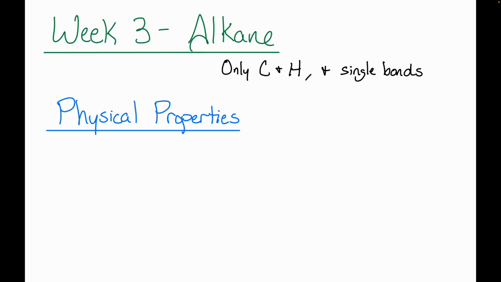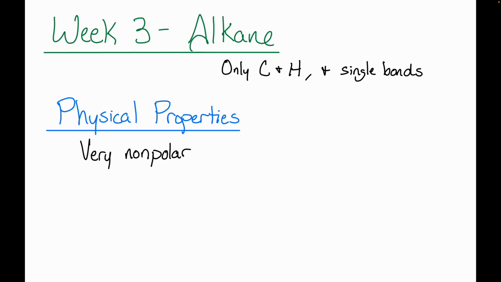There's a very even distribution of electrons in these molecules, which means that they're just about as nonpolar as you can get as far as functional groups go. So alkanes, very nonpolar. There's really nothing less polar than an alkane in the world of organic chemistry.